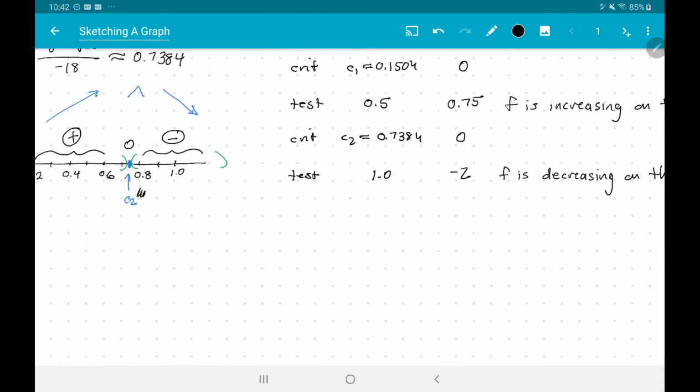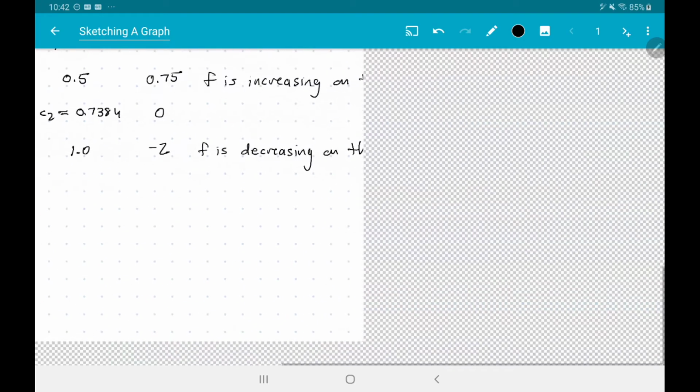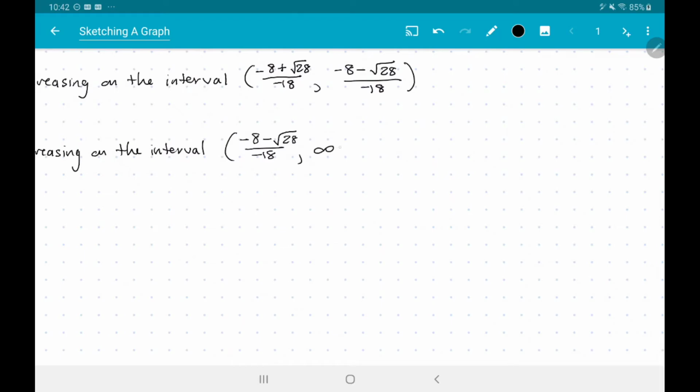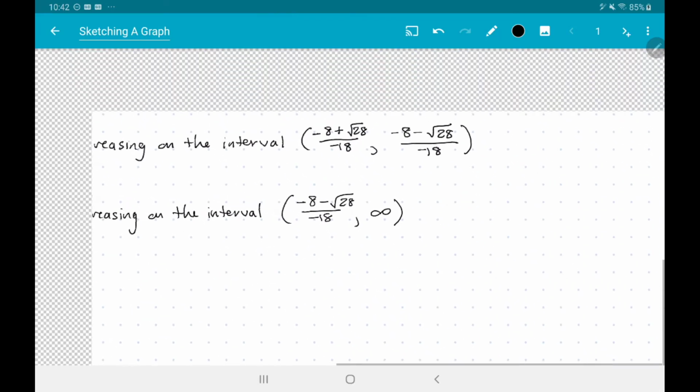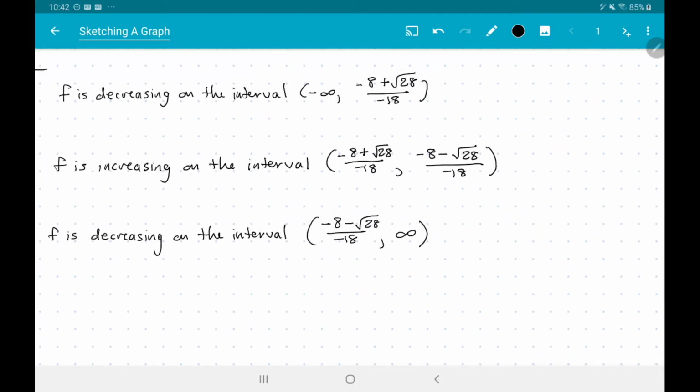It picks up here where the other one left off, and it goes all the way to infinity. So those are intervals where f is increasing and decreasing, and in the software, you'll be asked to type these intervals into one box, and you'll type this interval in another box.